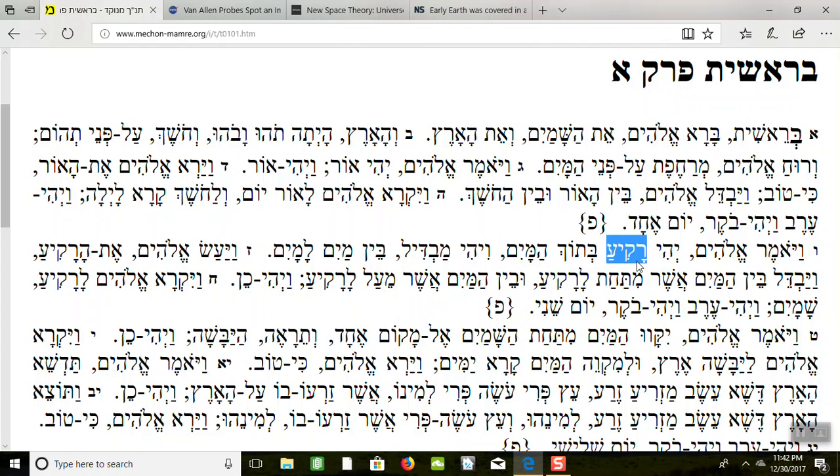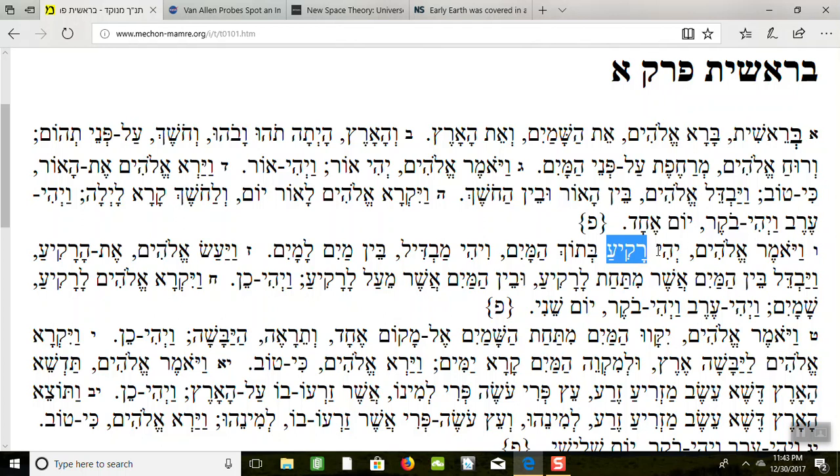The root word of Rakia is the verb Rakah. And Rakah, the simplest way to understand it, is something that is thin, flattened out, essentially. You can say beaten out as well. Something that is layered out, essentially. Or it could be understood as something solid as well, that is flattened out.